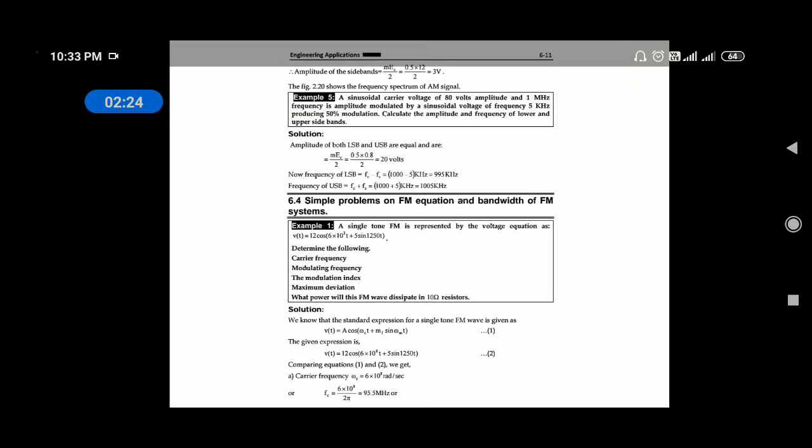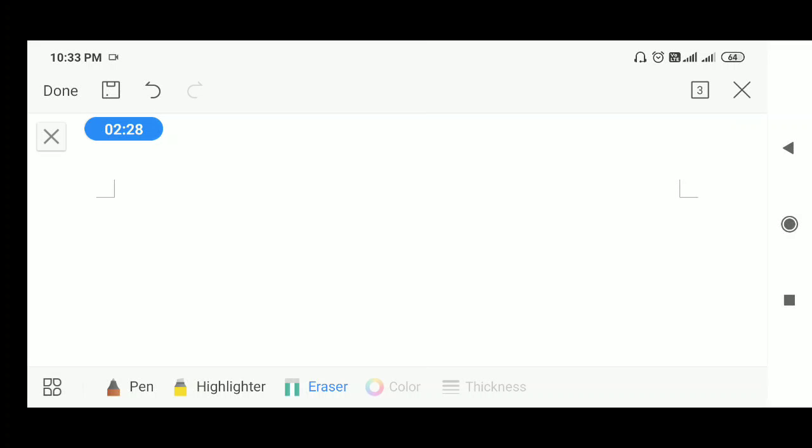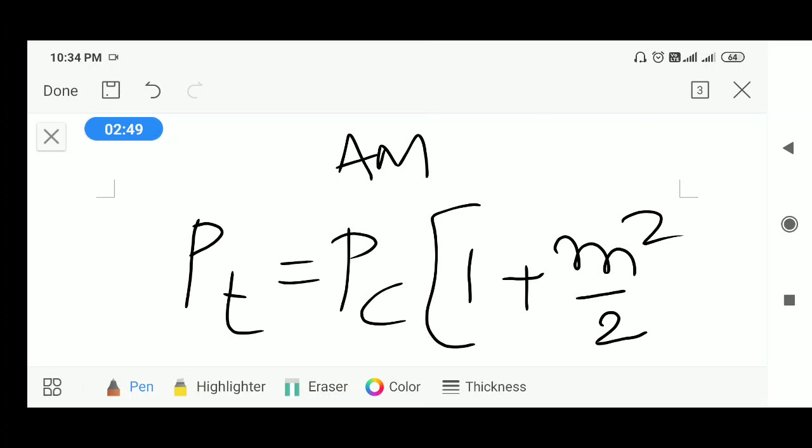I will give some of the formulas for your convenience. The first one is AM. In AM the total power PT is equal to PC, that is carrier power, into 1 plus m square by 2, where m indicates the modulation index of AM, right?